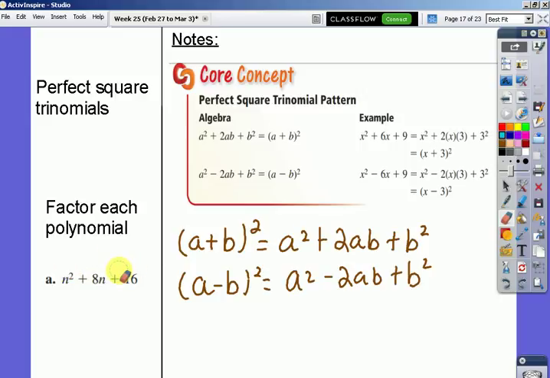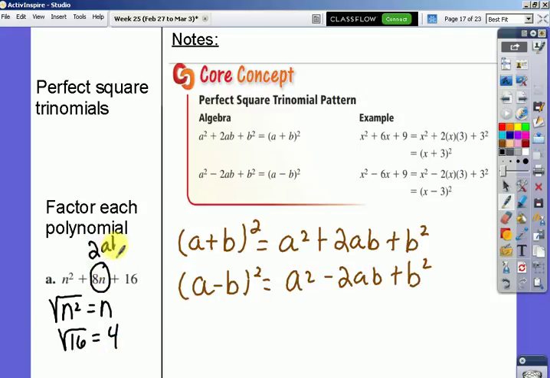So you have a first term that's a perfect square, you have a last term that's a perfect square. You take those square roots and you can see what those are. The square root of n squared is just n. The square root of 16 is just 4. And then that's your a and b. Now, the other thing that you want to do is make sure that the middle term is twice ab.